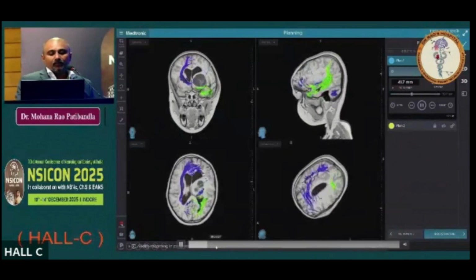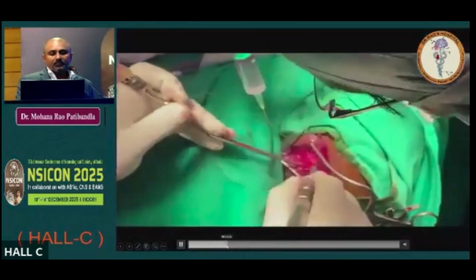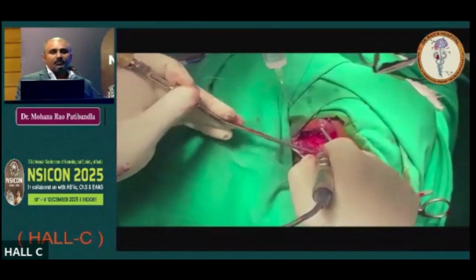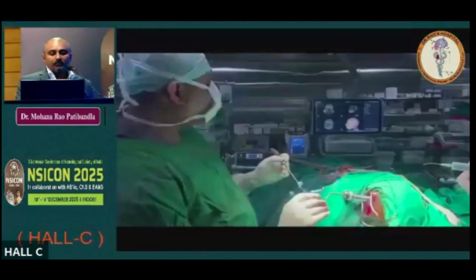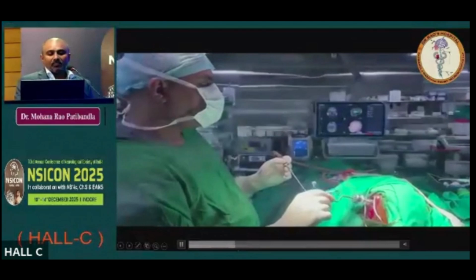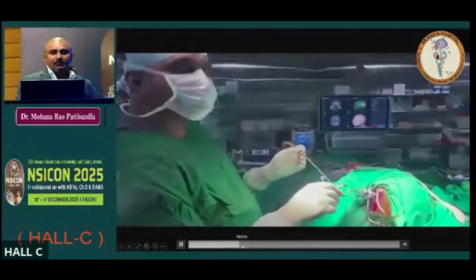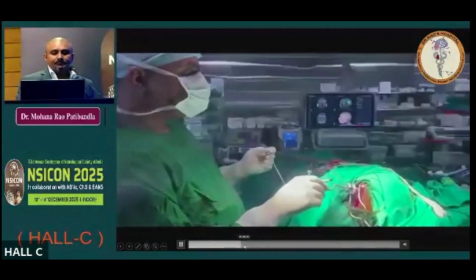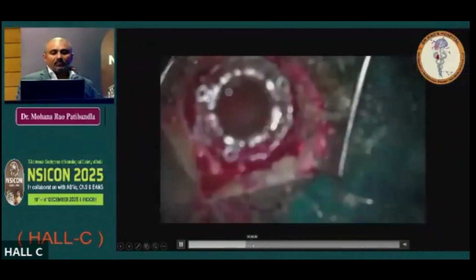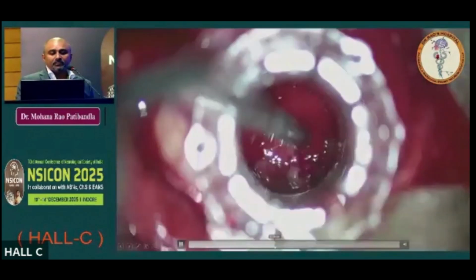This is the planning. Everything is planned, and then a very small craniotomy of 2 centimeters, 2 into 2, and the tube is around 13 mm. We place the tube along with the navigation. At the end, the tube will be like this, where the tumor is.